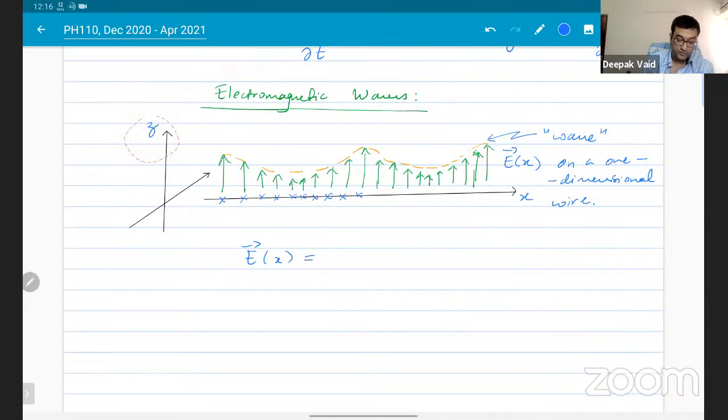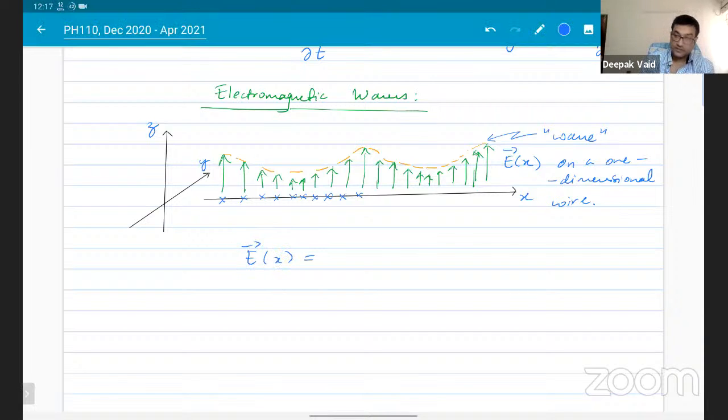If I want this to be the positive z axis, then I have to make the y axis in that direction so that x and y give me a right-handed coordinate system. Now the vector E of x, at each point along this line x, which direction is this vector pointing in? The way I have drawn it, all of these vectors are pointing along the z-axis.